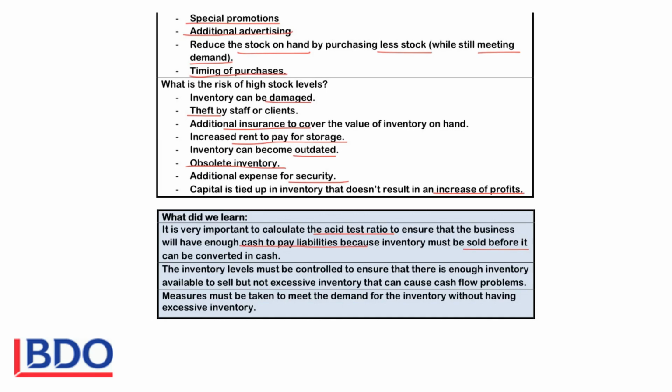The inventory levels must be controlled to ensure that there's enough inventory available for the demand, but not excessive inventory that will cause cash flow problems because you are not selling enough products to obtain money to pay your liabilities. And as soon as you see that there's a problem, measures should be taken to meet the demand without having excessive inventory on hand.